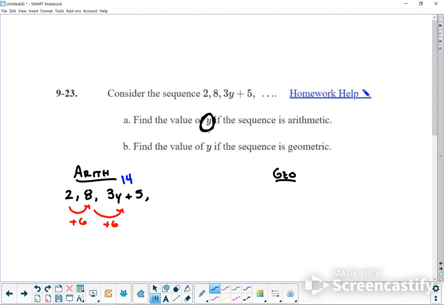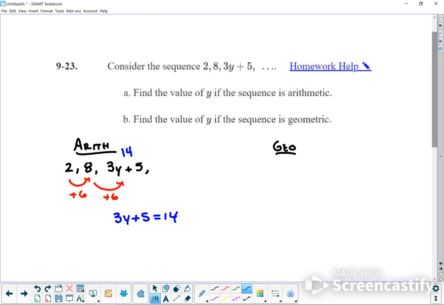So your job is to figure out what the y is. So if 3y plus 5 is supposed to equal 14, then that's what you write down. You're going to write down 3y plus 5 equals 14, because this would make an arithmetic sequence. You're going to solve for that y, because that's what you're supposed to look for. Solve for the value of y. All right, so you're going to go ahead and basically do what we were doing on the other side, except this is an equation.